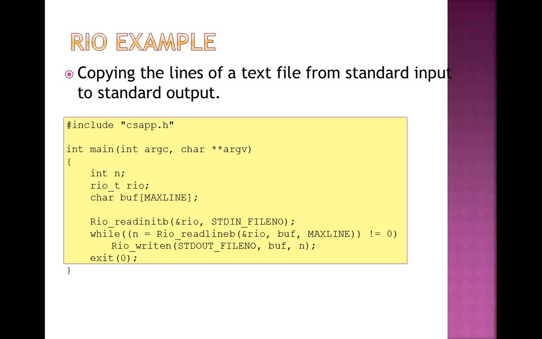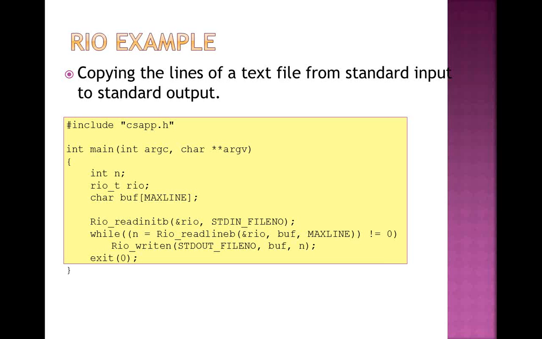Then use rio read init B, that is initializing the buffer, using the arguments as rio, standard input file number, that is standard input. Then using the while loop, that is checking the condition, that is n equals the value of read line B buffer maximum line is not equal to 0. It gives short counts whenever it encounters the end of the file.